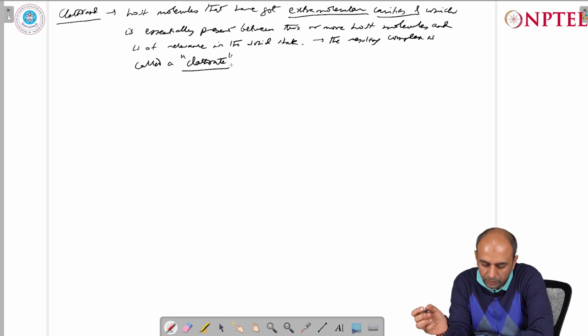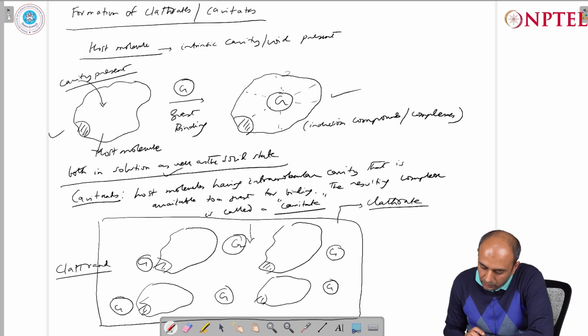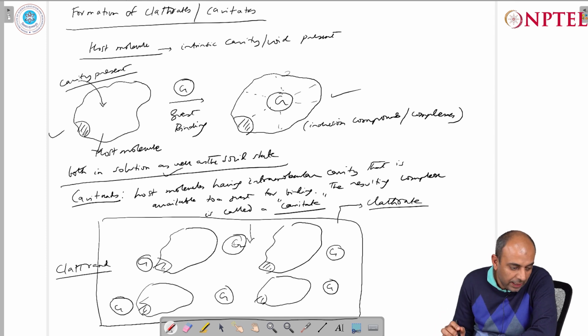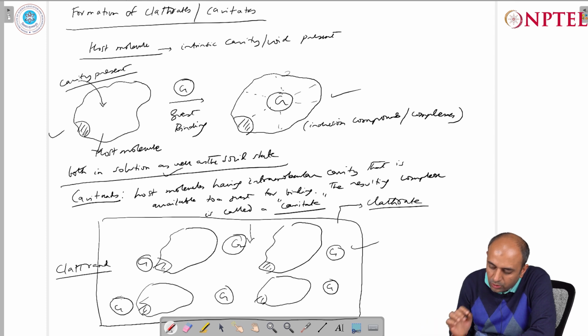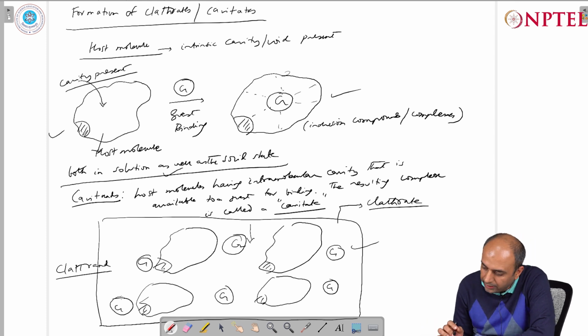Okay. So the clathrand is a host which has got extramolecular cavities which are present between two or more host molecules, where the guest molecules can now go and sit, and these are of relevance in the solid state, and the resulting supramolecular complex is called a clathrate.